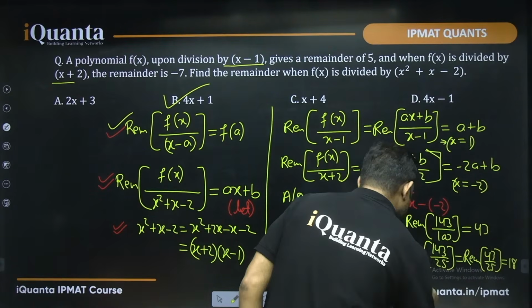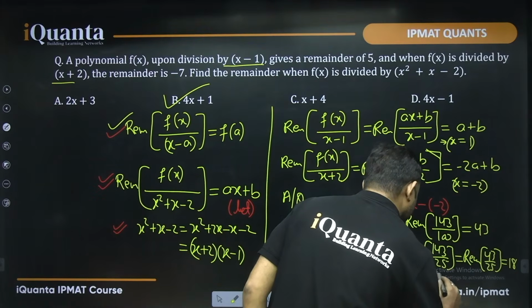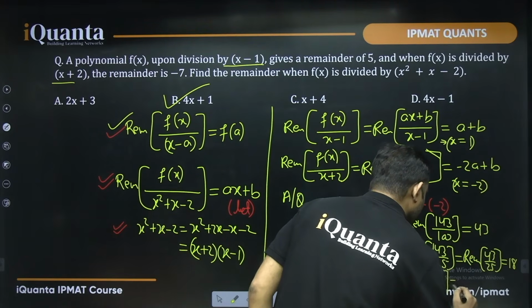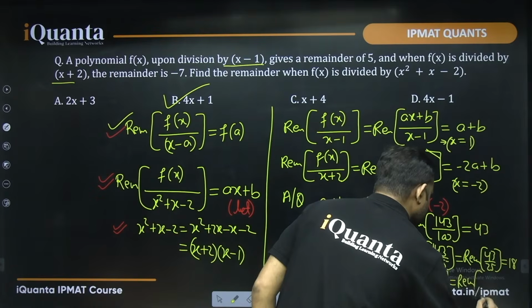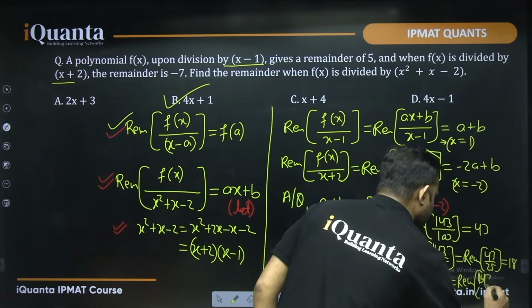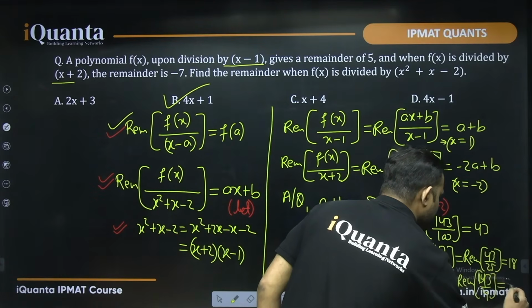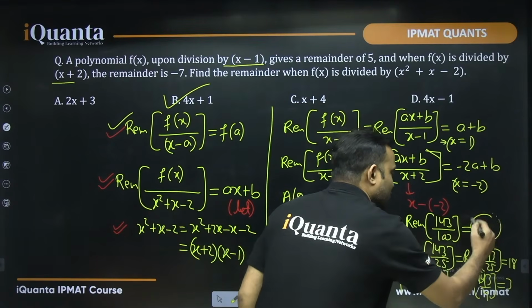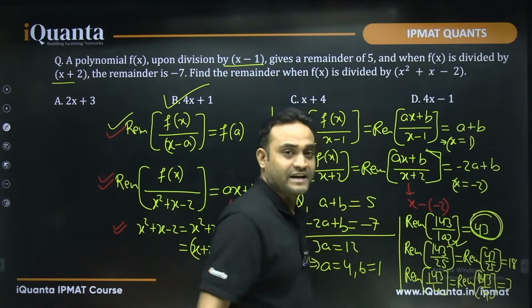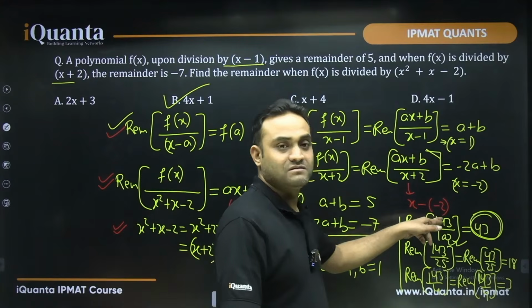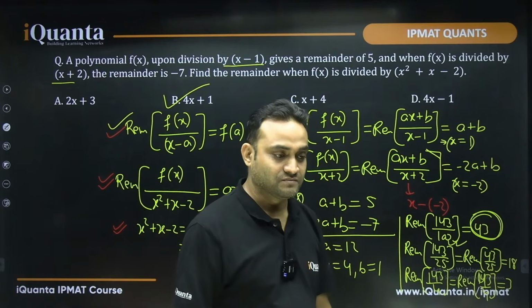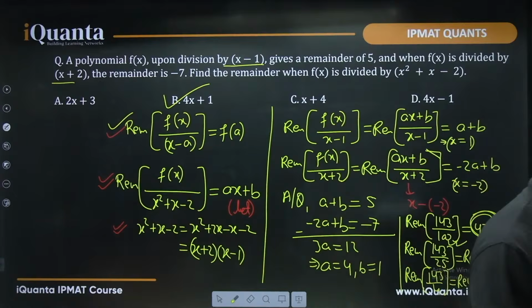And in the same case, the remainder when 143 is divided by 4 will be the same as the remainder when 43 is divided by 4, that is equal to 3. So इस remainder को अगर इसके factor से divide करेंगे, that will be the same as when the number is divided by the factors. I hope this is clear now. ठीक है?